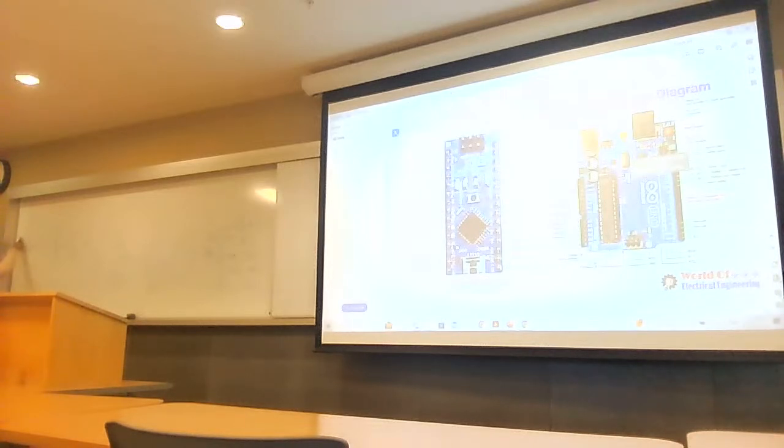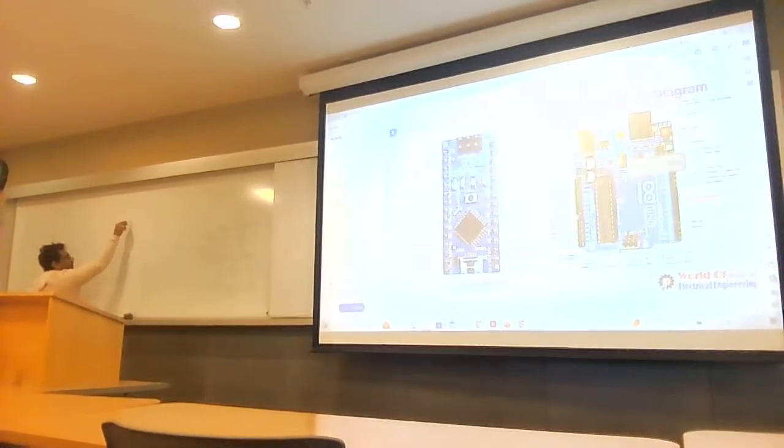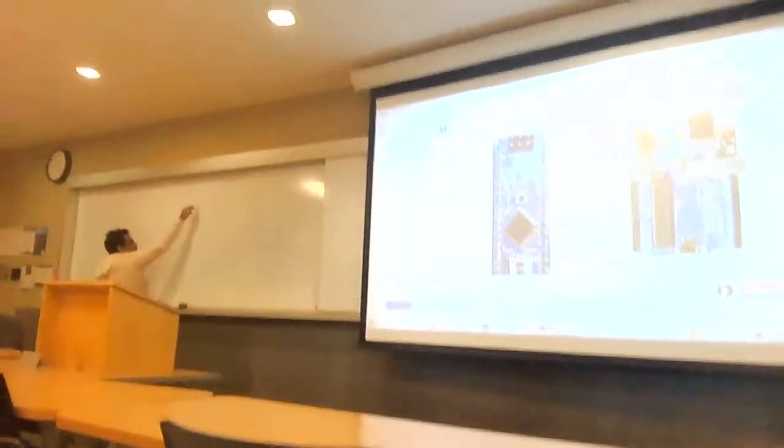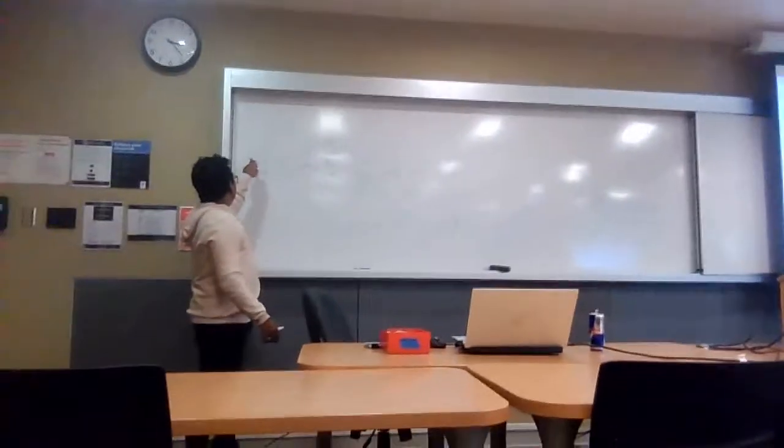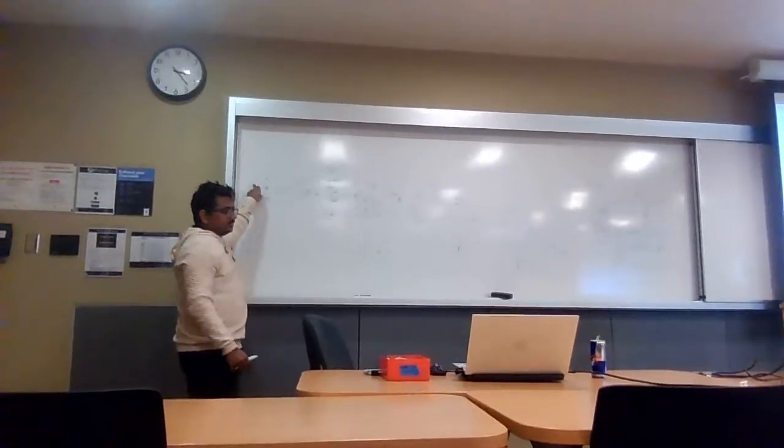Let's assume here it is 100 megahertz, and you are expecting 1000 megahertz at this frequency, but you have to design this divider such that after dividing it should be 100 megahertz.